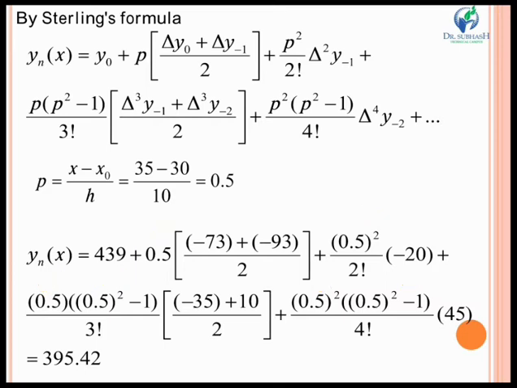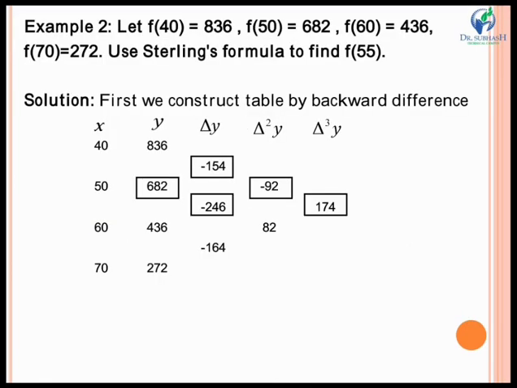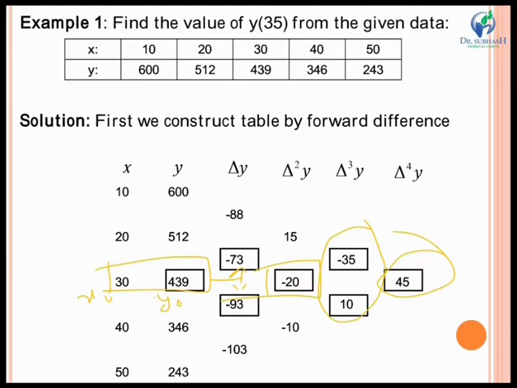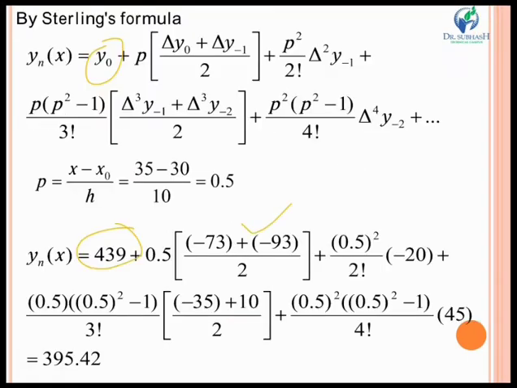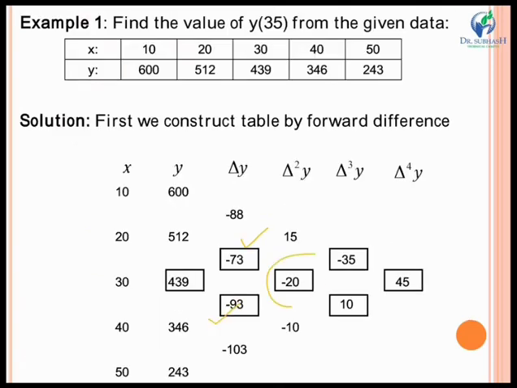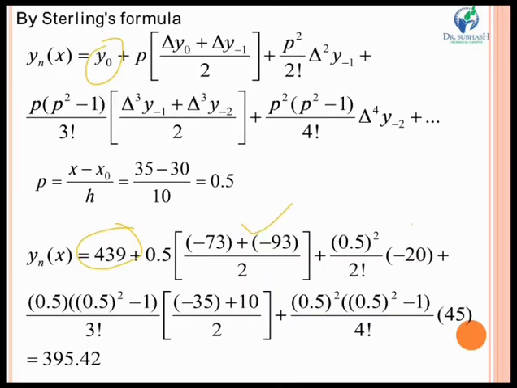Now I will start taking the average. See, the first value is y0, that is the central value which we have taken, 439. The next value will be the average of 2, that is minus 73 plus minus 93 divided by 2, right? The next single value we will take, that is minus 20.